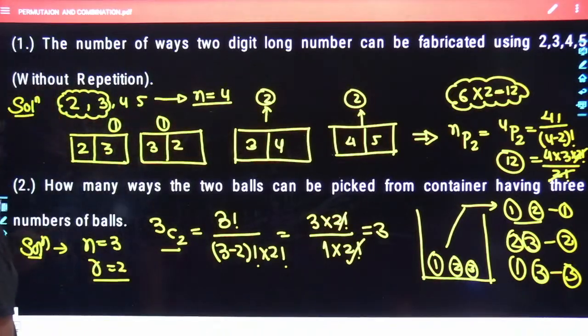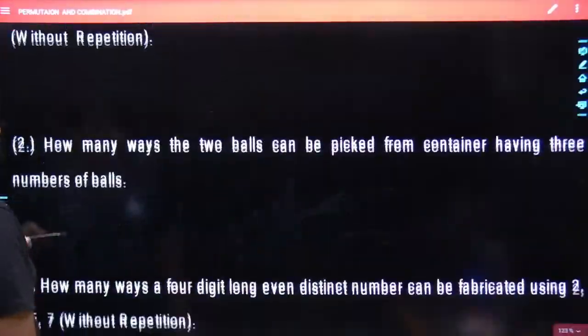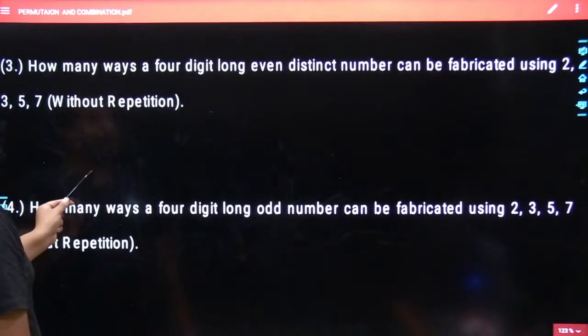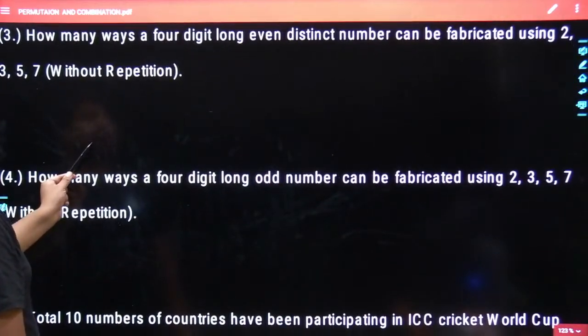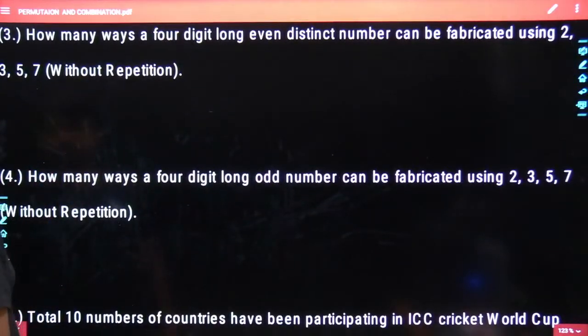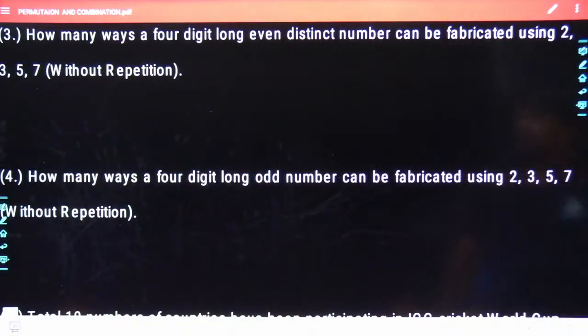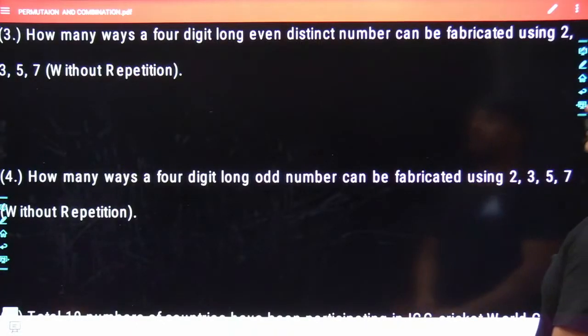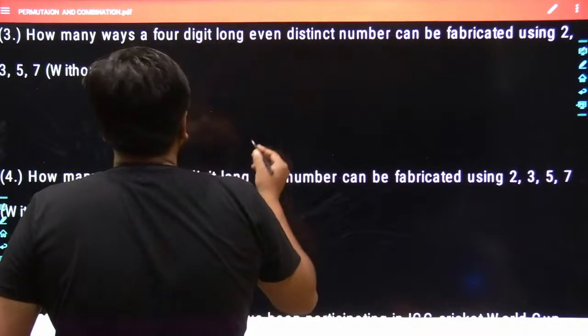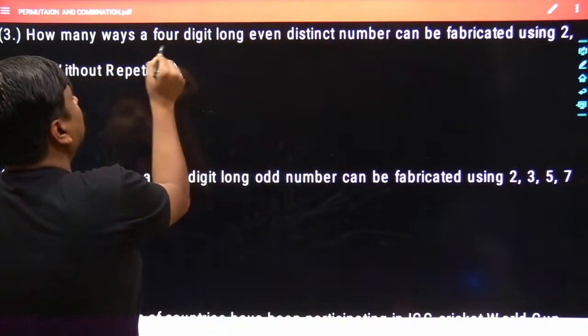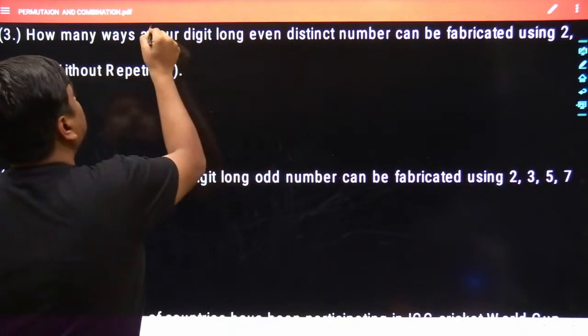In the same sequence, I think it's the right time to move ahead and focus on the third question of the day. How many ways can a 4-digit long even distinct number be formed?